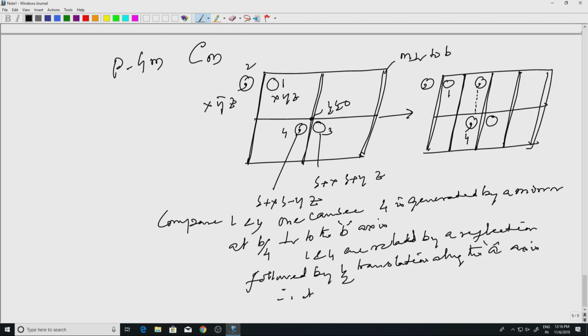Therefore, it becomes A glide perpendicular to the B axis.